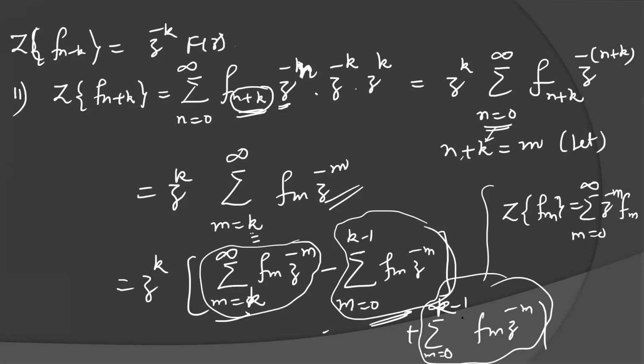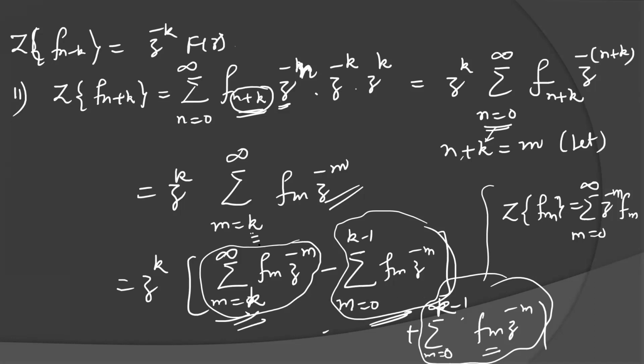So it is a to b and b to c, so it will be a to c only. Up to k minus 1 this term is giving you, and from k onwards you will get it from this term, because you have discrete data 0, 1, 2, 3, k minus 1, k, k plus 1.